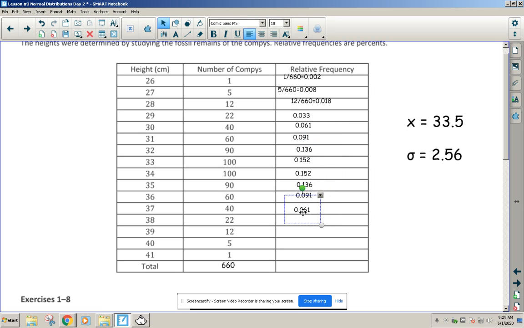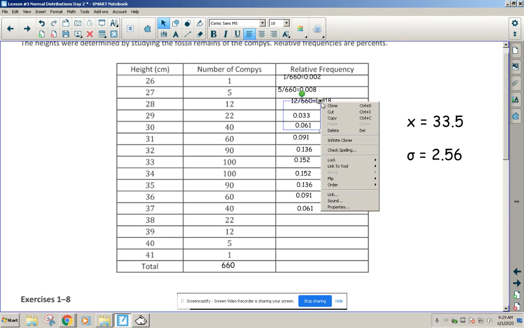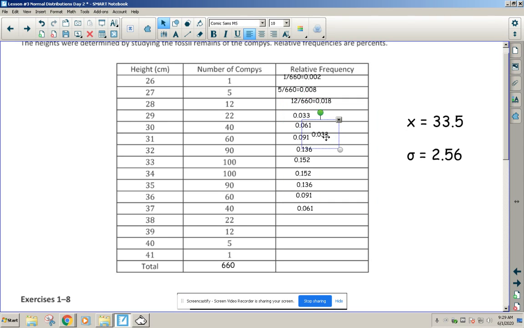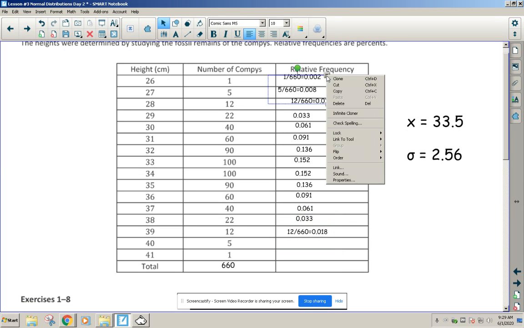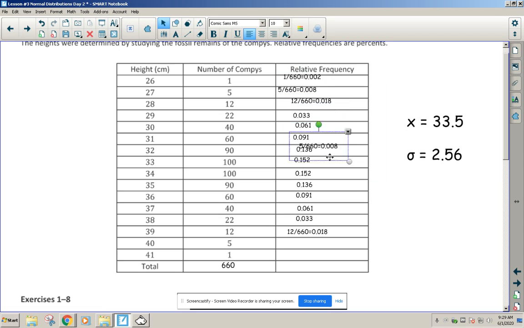So one of the things you're going to notice is that just by the numbers, you can see that this is a normal curve because the numbers have symmetry. And that's going to make a nice, smooth curve, which is what we're going to look at. So when you're done with this, we're going to actually make a graph.